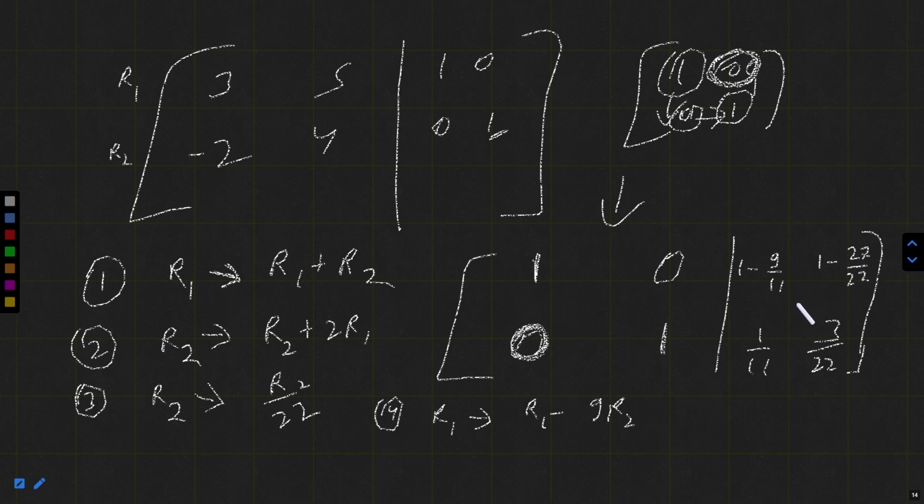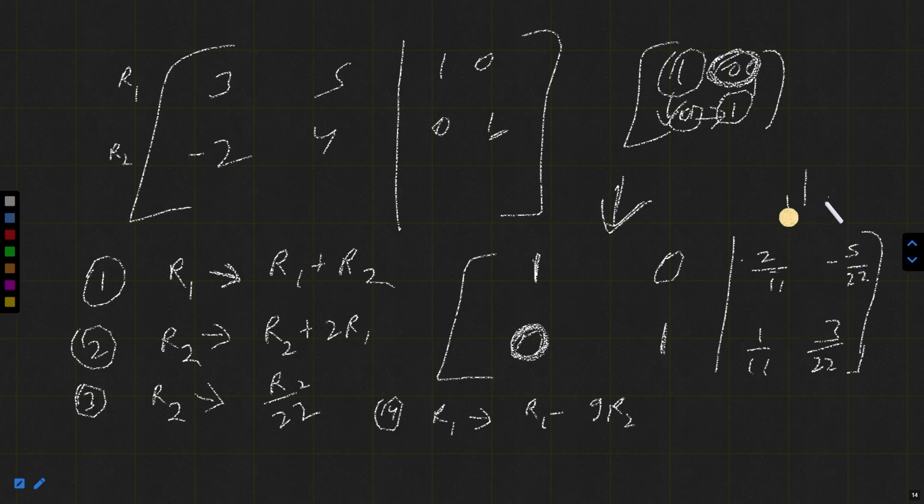Okay, so here you made your identity matrix, and this matrix will be your inverse, as you can see. So solve this. 11 minus 9 will be 2, so 2 by 11. This will be 2 by 11. This will be 22 minus 27. 22 minus 27 will be, as you can see, minus 5. Okay, so minus 5.